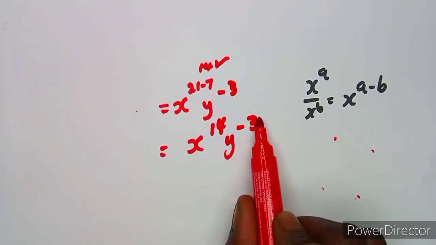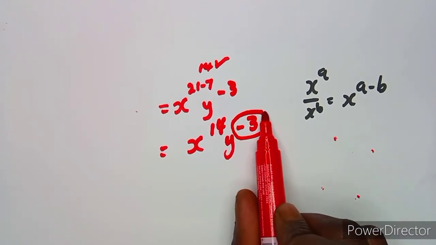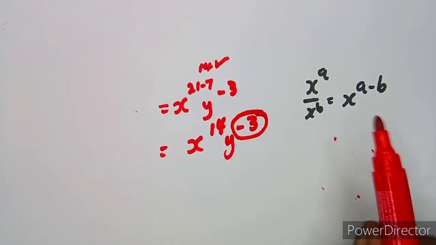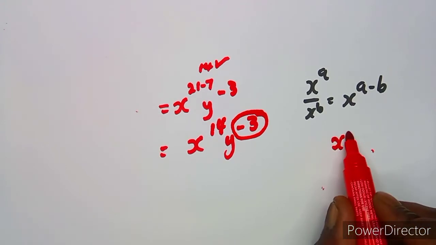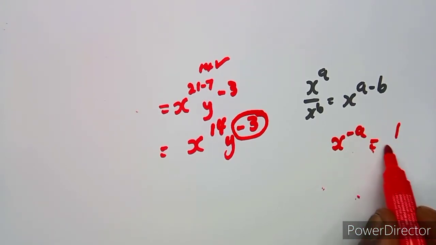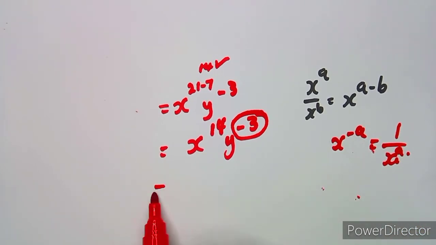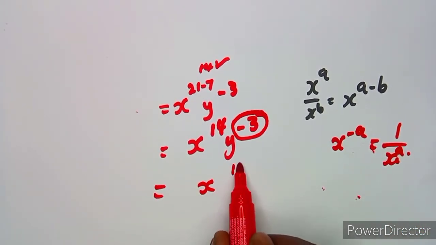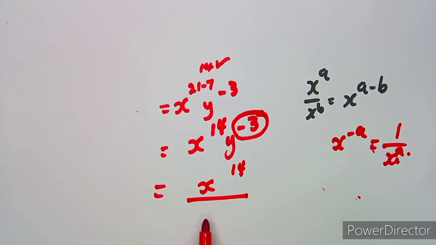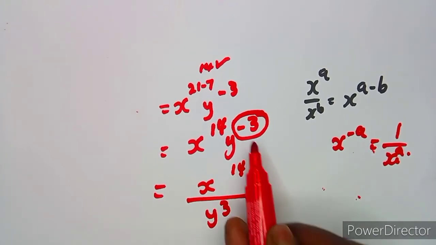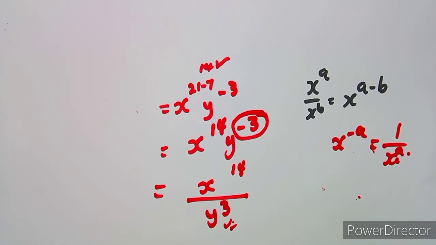But this is having a negative exponent, so what am I going to do? Remember, anything to the exponent of negative can be written as 1 over. So that can be x to the exponent of 14 over y to the exponent of 3. You can write this in the denominator like that.